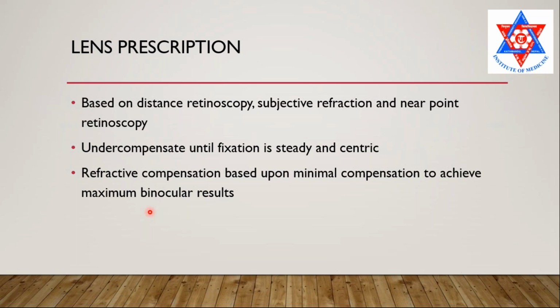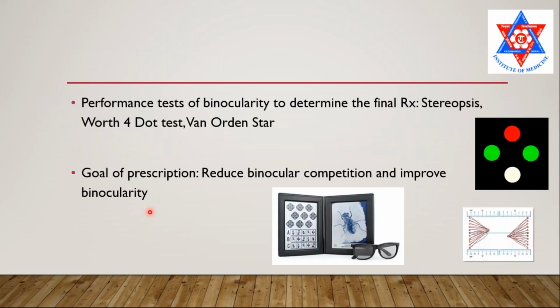As we discussed in the previous sessions, the main thing we need to achieve in patients is binocularity. So refractive prescriptions should also be based on the aim of achieving maximum binocular results in these subjects. For example, say there is a case, and again I'd like to repeat it.